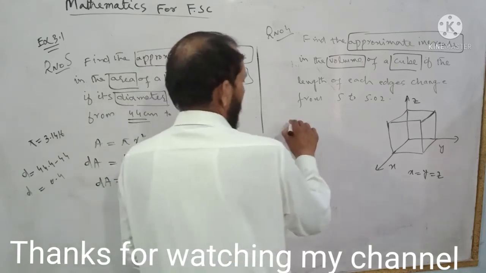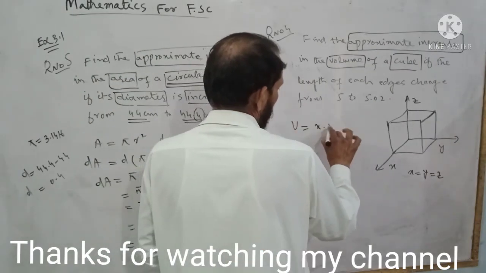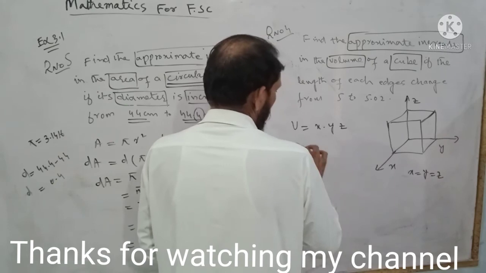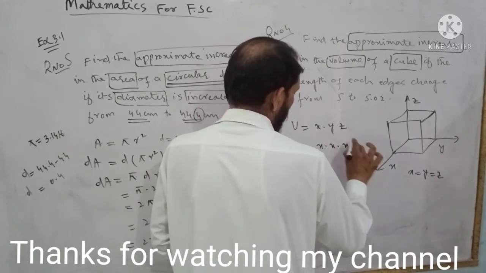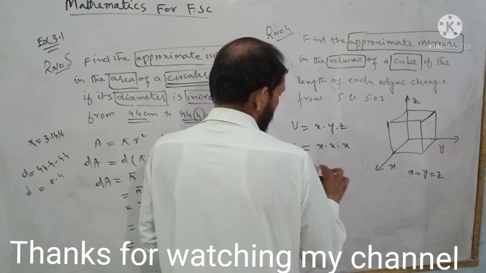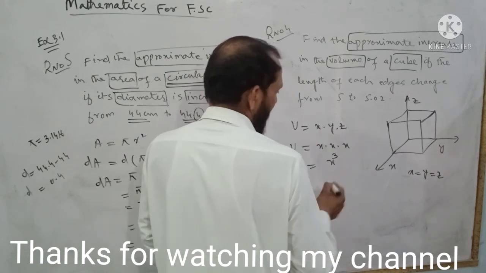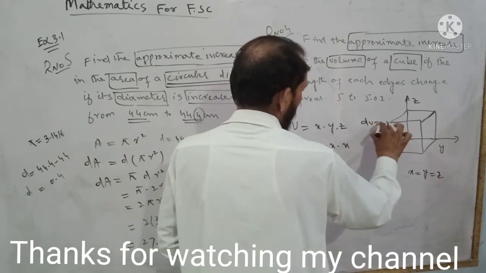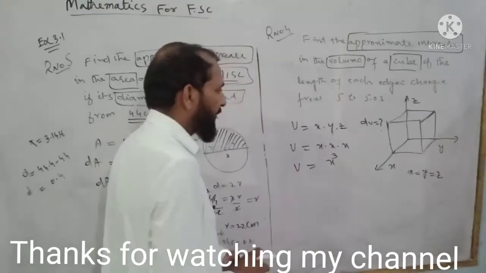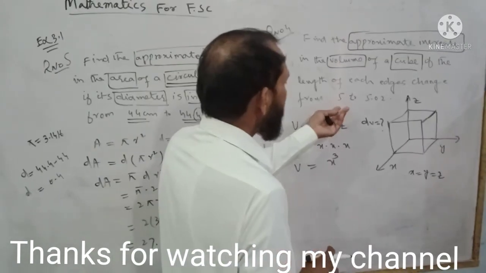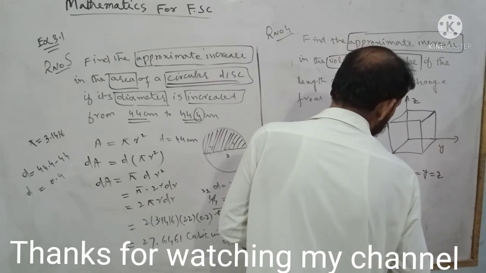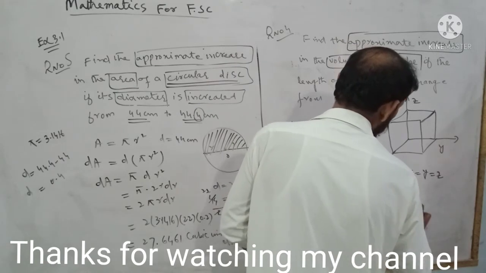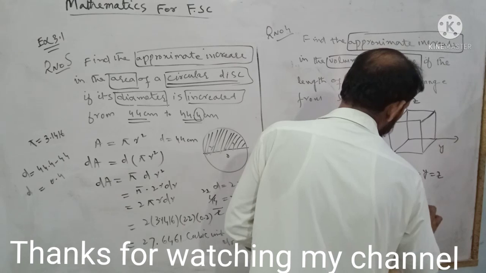So we find dv where the length x is equal to 5 and dx is equal to 0.02.